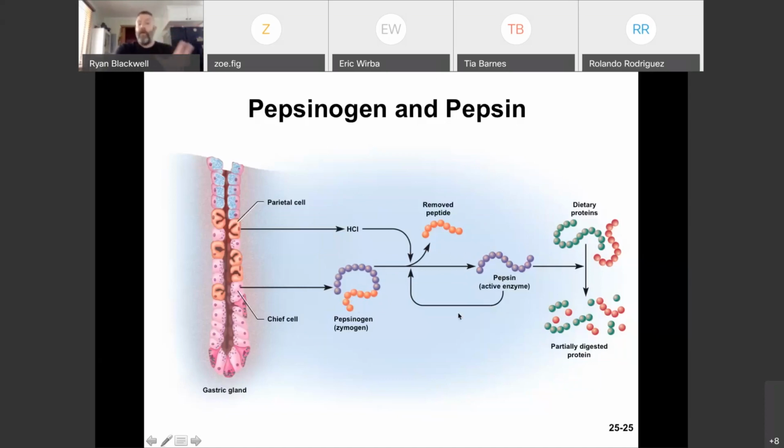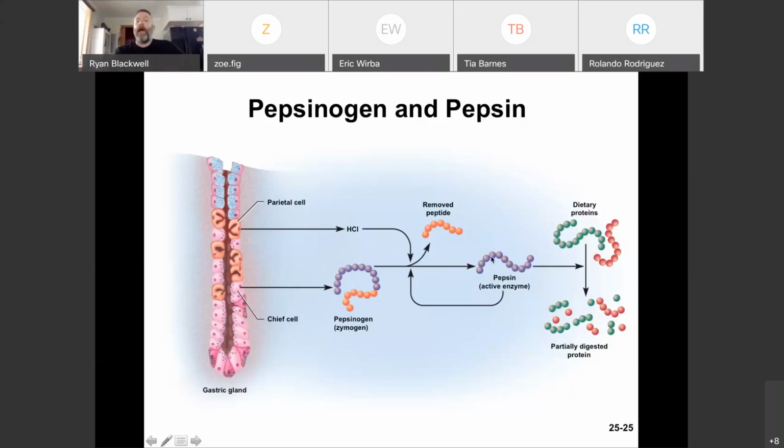Point is, this is a very rare example of how a positive feedback mechanism can drive a body function. In this case, the production of a highly potent protein digester. So both hydrochloric acid and pepsin can digest proteins.